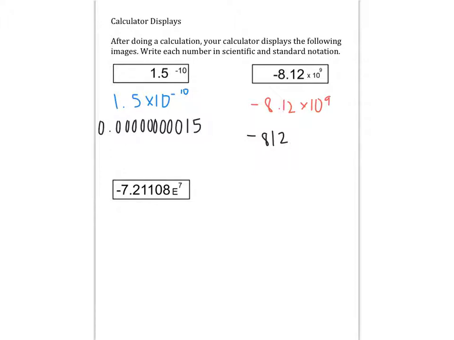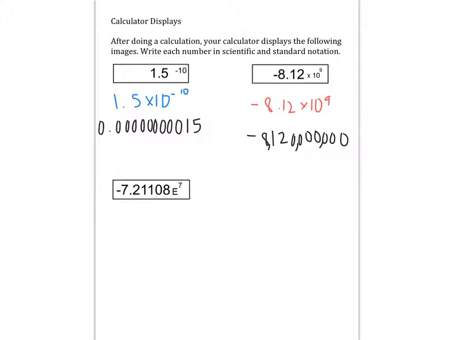So 2 away from 9 would be 7, so 7 zeros. So that would be a very large number. And again, that can't fit into the calculator display of any calculator, so that's why it will already translate that answer into scientific notation.